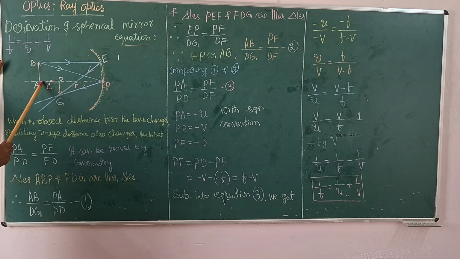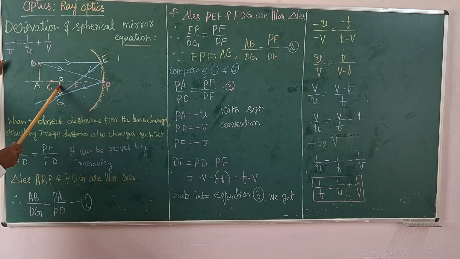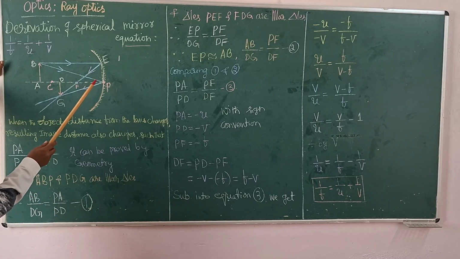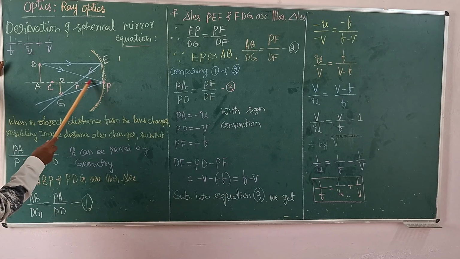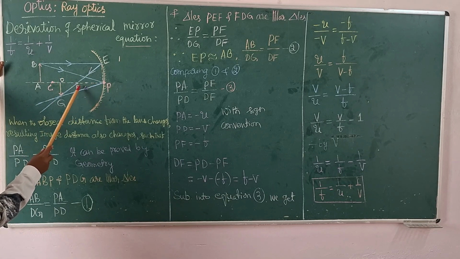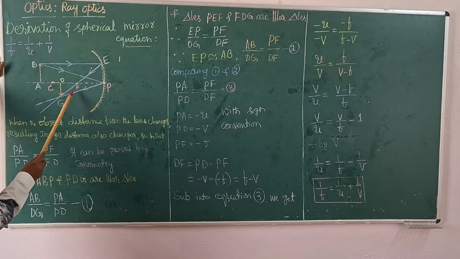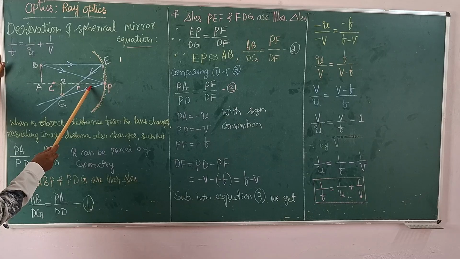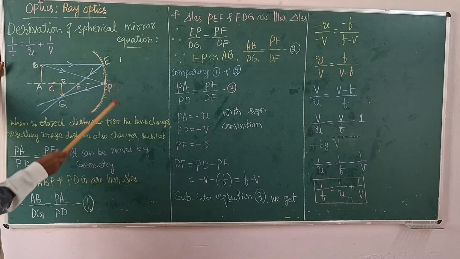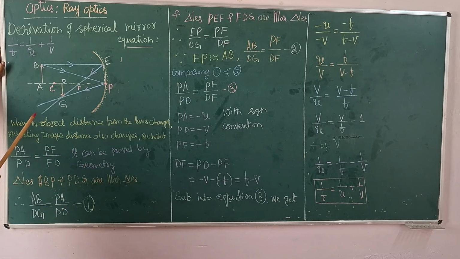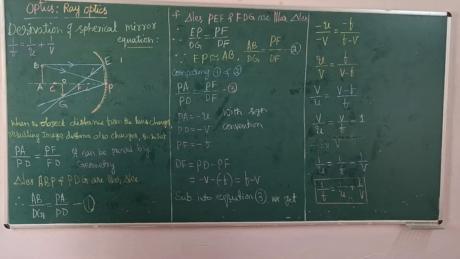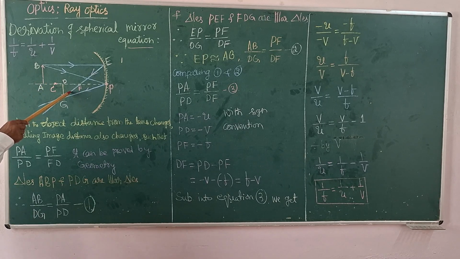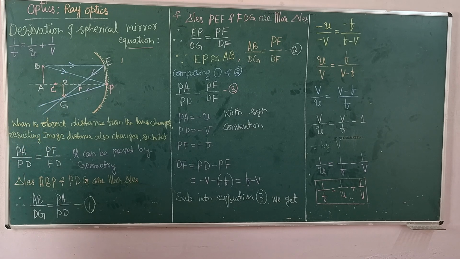This angle is 90 degrees, this angle is 90 degrees. These two angles are equal. And one more set of angles, this angle of this triangle and this angle of this triangle, are also equal because the angle of incidence equals the angle of reflection. So if two angles are equal, then such triangles are called similar triangles. These two are similar triangles.